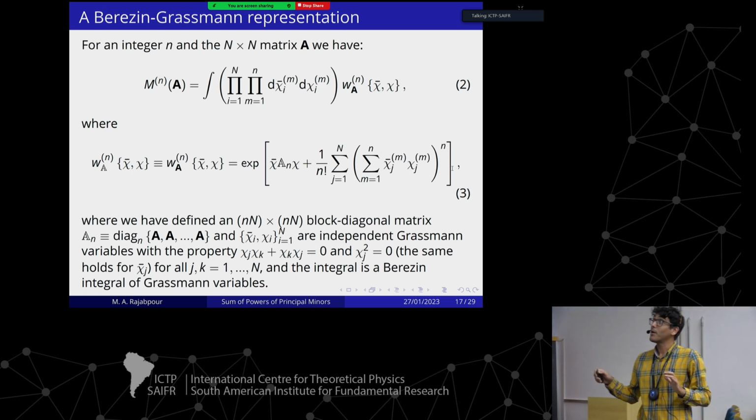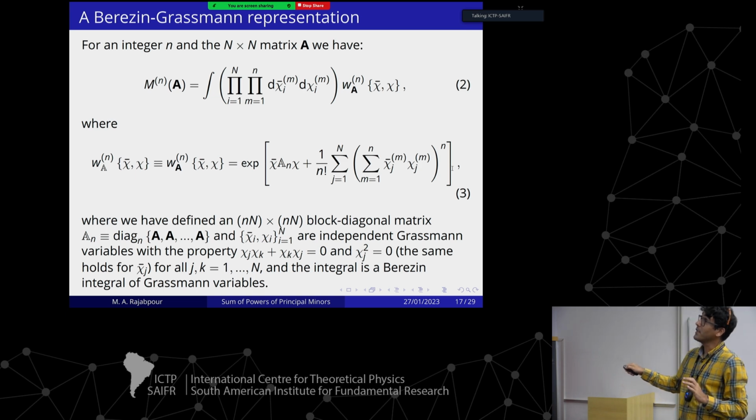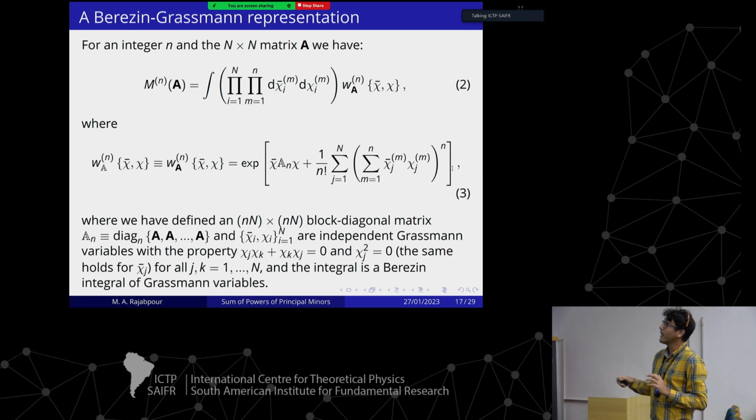But for the integer n, what I need is basically n copies of my matrix, all right? So they are sitting just here, and then they are coupled with these interactions in a particular way here.